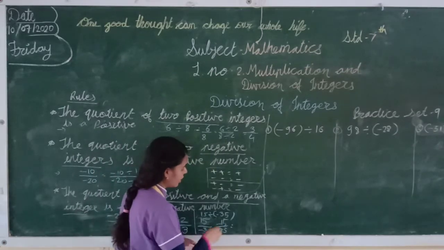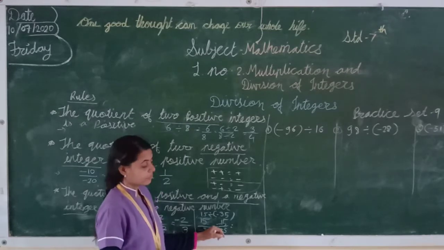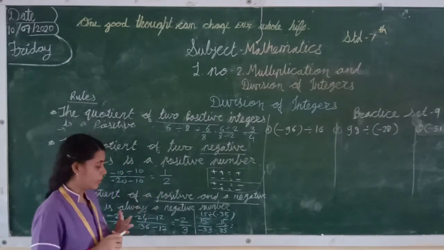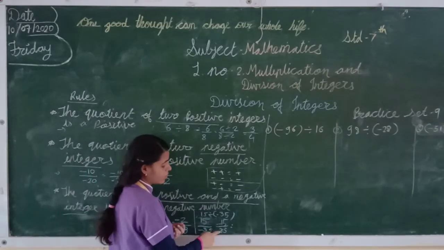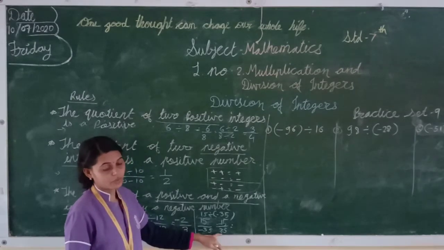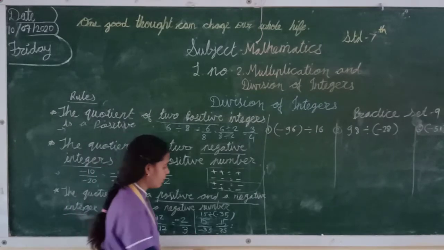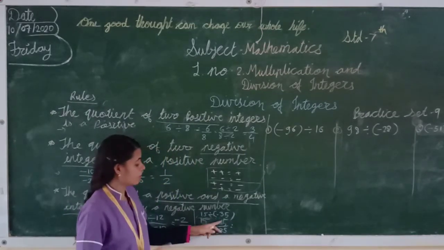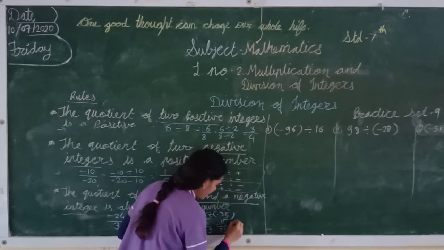Now 15 and 35, both numbers come in which table? The table of 5. 5 twos are 10, 5 threes are 15, 5 fours are 20, 5 fives are 25, 5 sixes are 30 and 5 sevens are 35. So both numbers come in table 5, so we will divide by 5.